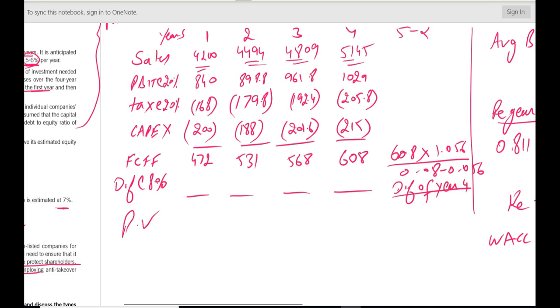So the present values will be 437, 455, 451, 446.